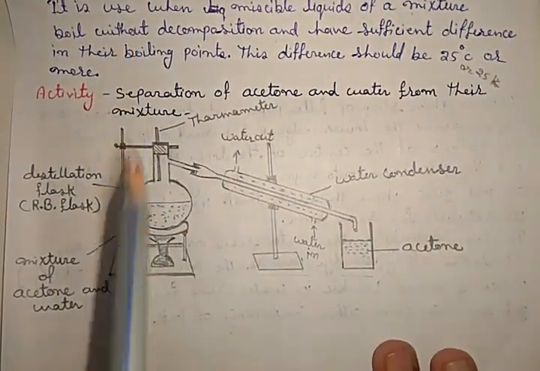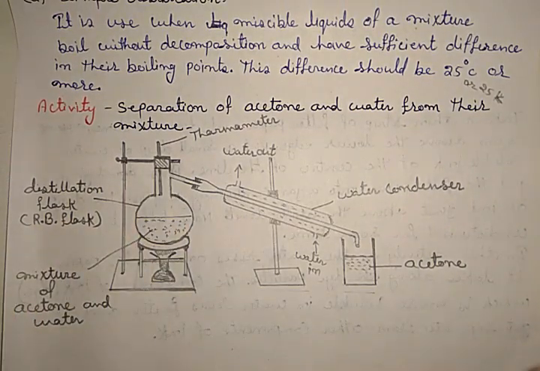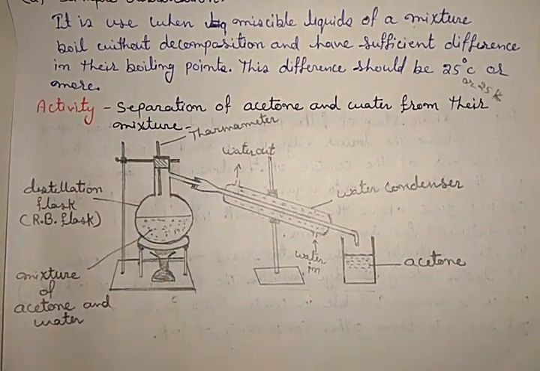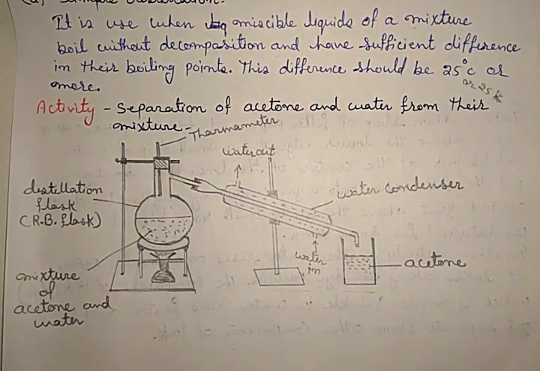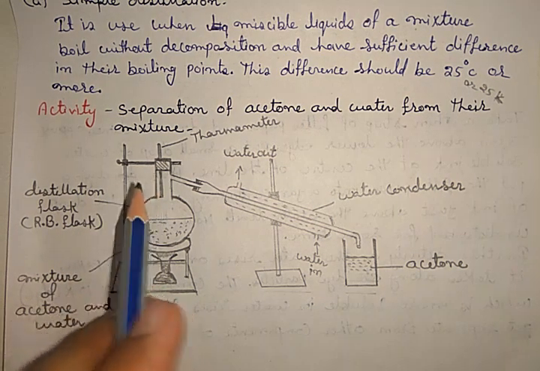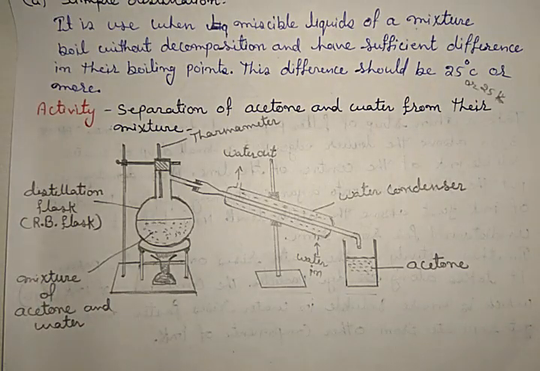Now, how does this setup work, how does the distillation process take place? To understand it, let me consider an example of the separation of acetone and water from their mixture. This is the total distillation assembly. One by one, let me discuss it.